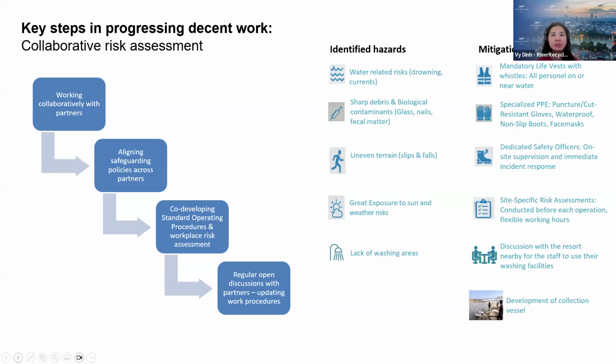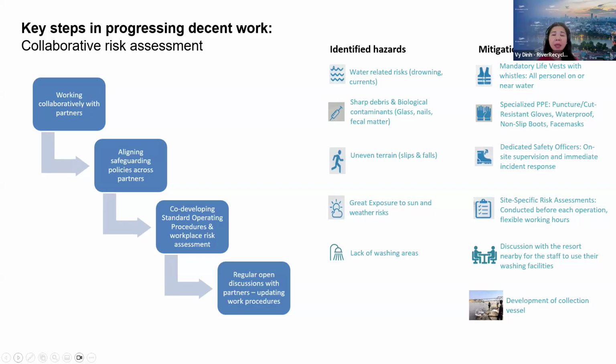So we talked to them and we acknowledged that it is actually a very reasonable need for our staff. So what we did is that we talked to a resort nearby, since we work on the beach. We clean up the beach. So what we do is actually very beneficial to the resorts and hotels nearby. One of the resorts actually agreed for our staff to use their washing areas for their security personnel.